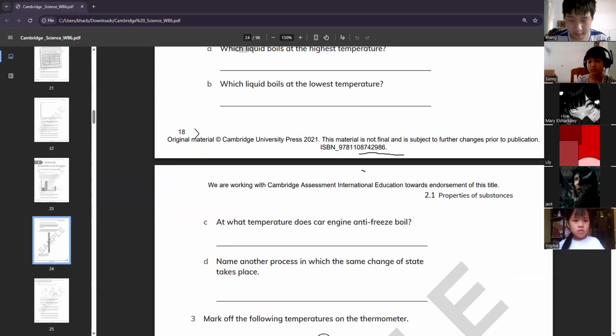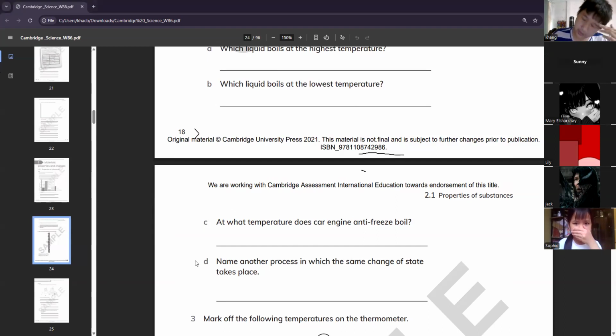Boiling water. I didn't know that. Can you explain? So there is another scientific term for boiling, which is what?